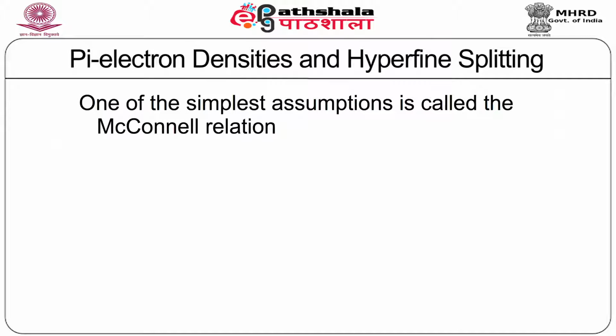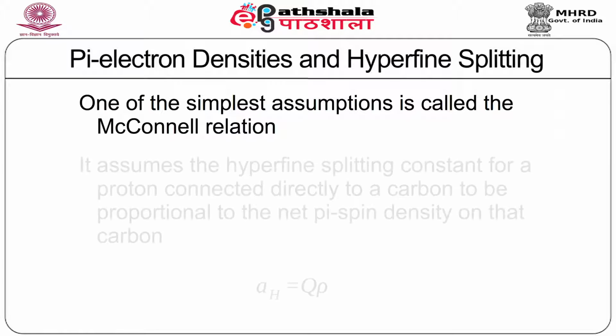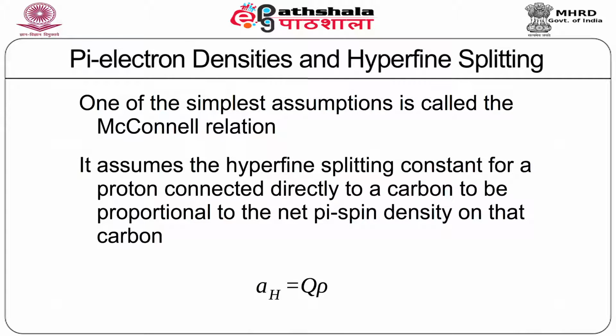One of the simplest assumptions is called the McConnell relation. It assumes the hyperfine splitting constant for a proton connected directly to a carbon to be proportional to the net pi spin density on that carbon. And the McConnell relation looks like A_H equals Q times rho, where A_H is the hyperfine splitting constant.